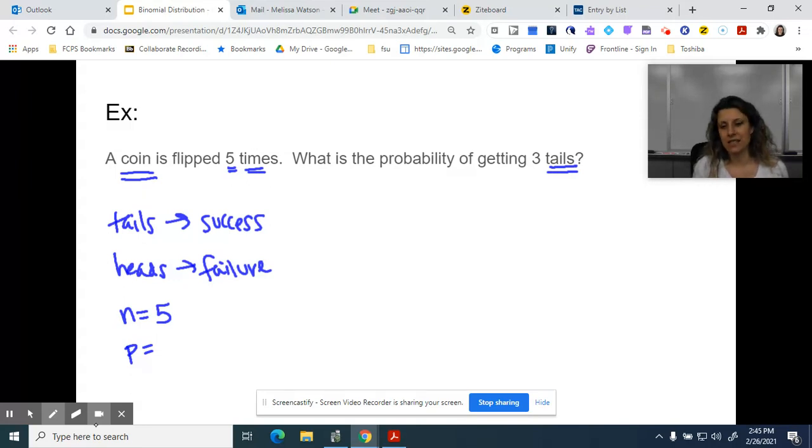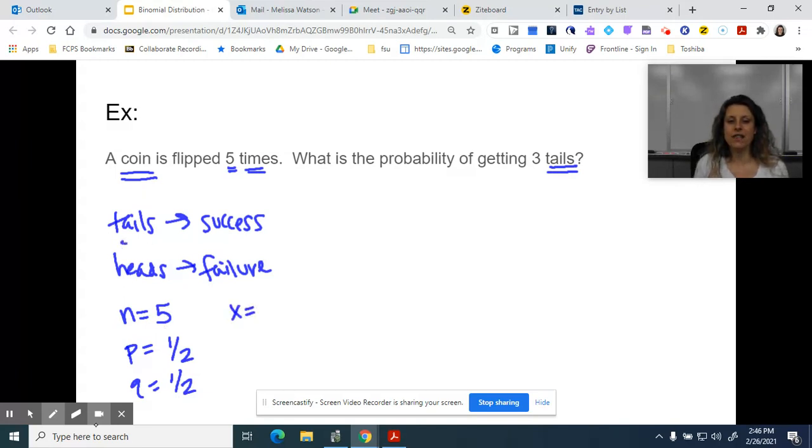So let's think about that probability of getting tails. Probability of success would be 1/2. Probability of failure, probability of heads, would also be 1/2. Okay, the only other value that I need to identify is x. n is the number of trials, where x is the number of successes.